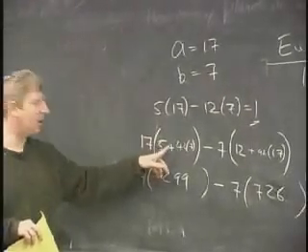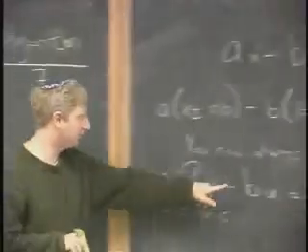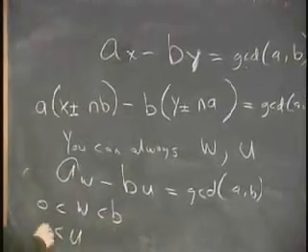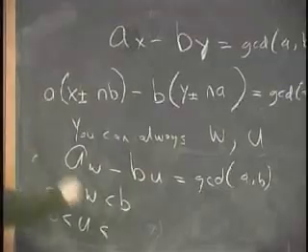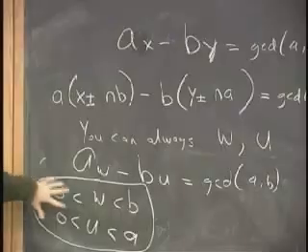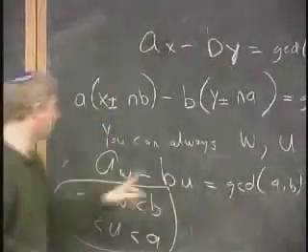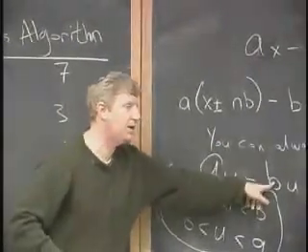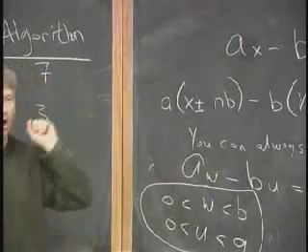Smaller than any multiple of 7 in this example. Smaller than any multiple of b. And u is bigger than 0 and smaller than any multiple of a. In this way, we can say something very specific about the two solutions that we want to get. We want to get x and y, or u and w, in such a way that the w is between 0 and b, and the u is between 0 and a. And we can always do that.